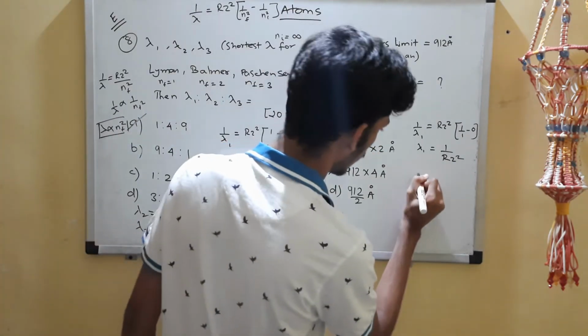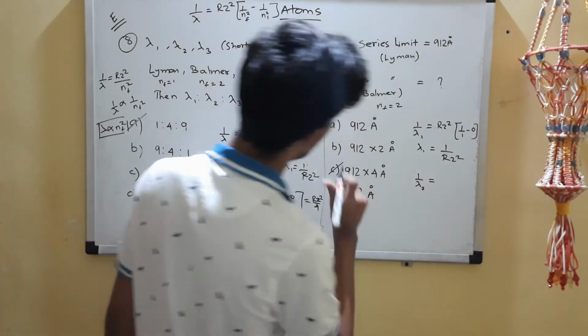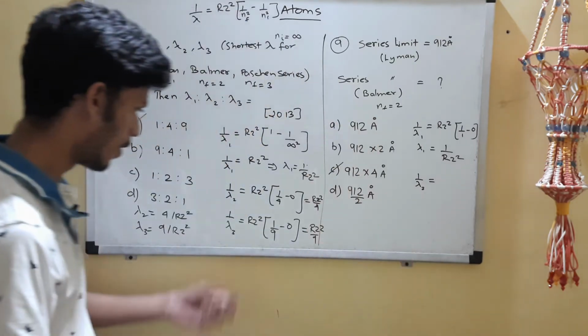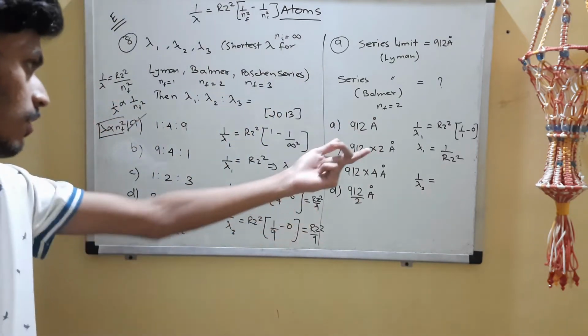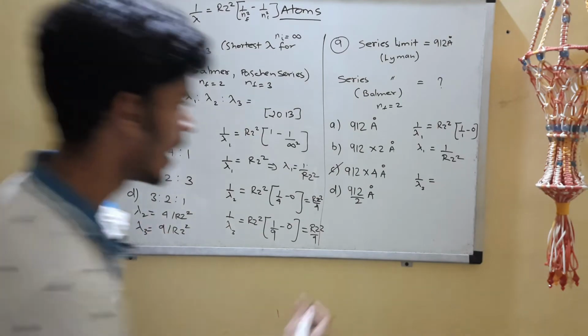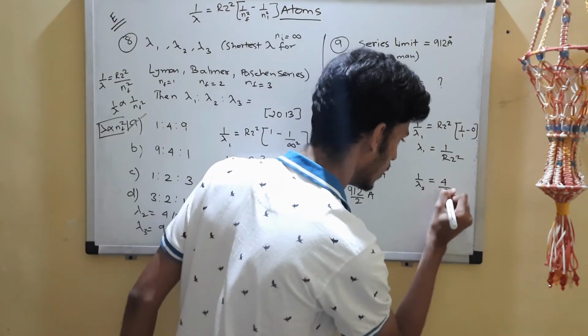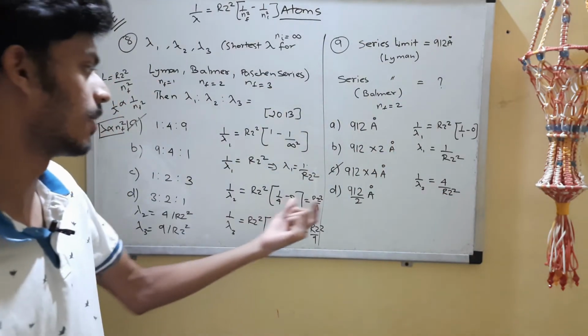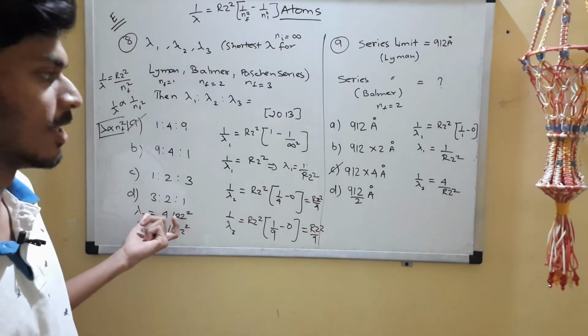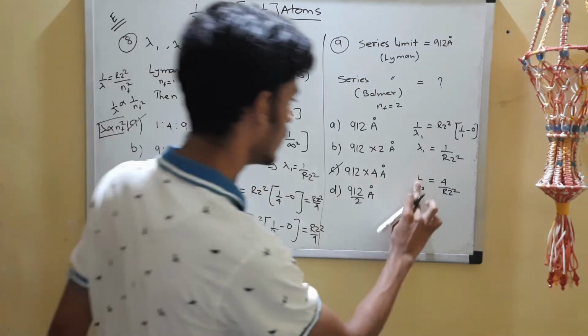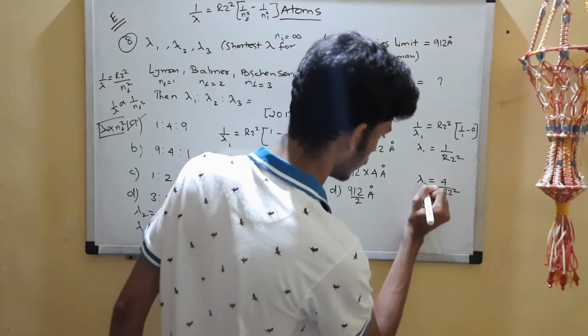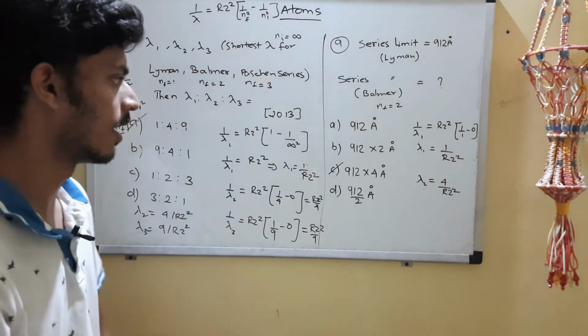Now for 1 by lambda 2, we'll say it's Balmer series. We have already calculated it, so that is 4 by Rz square, and lambda 2 will be given as 4 by Rz square, right?